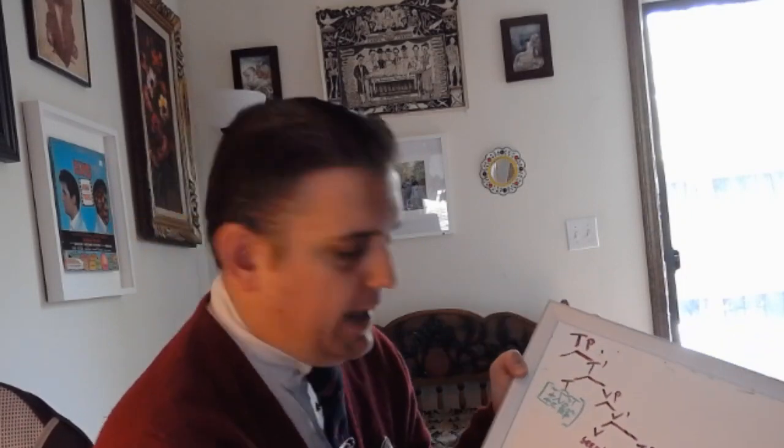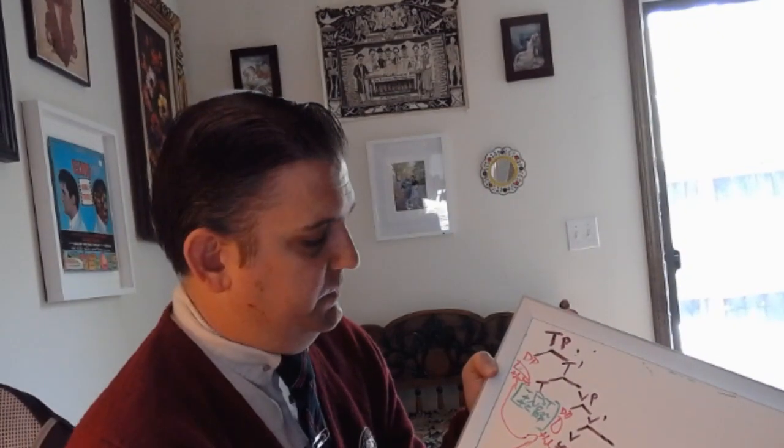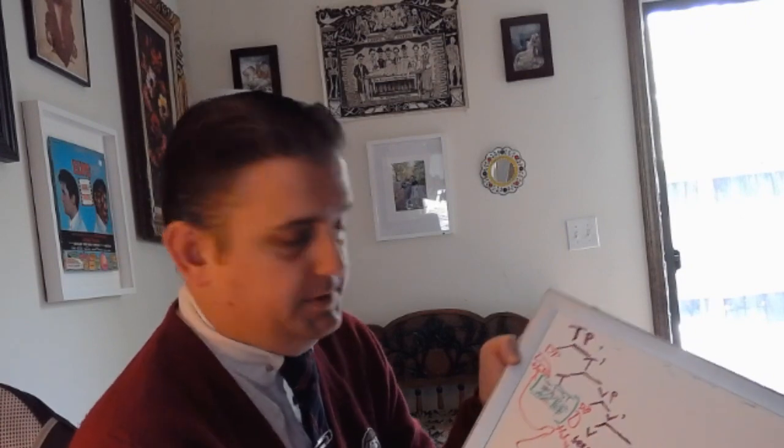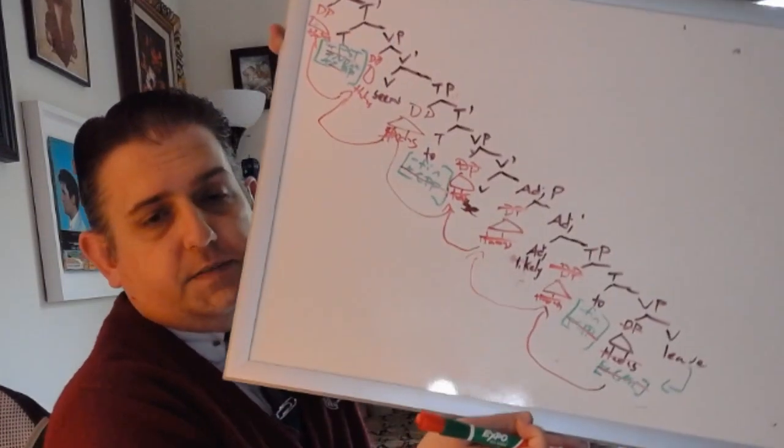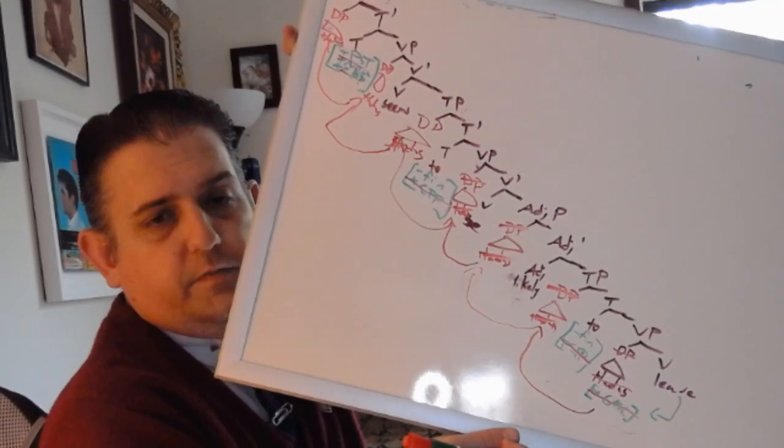But it's clearly grammatical. So Hadass will stop off here, and then all the way up here, where Hadass will receive case and check the EPP features. So there's a lot of stopping, a lot of intermediate movement in this structure.